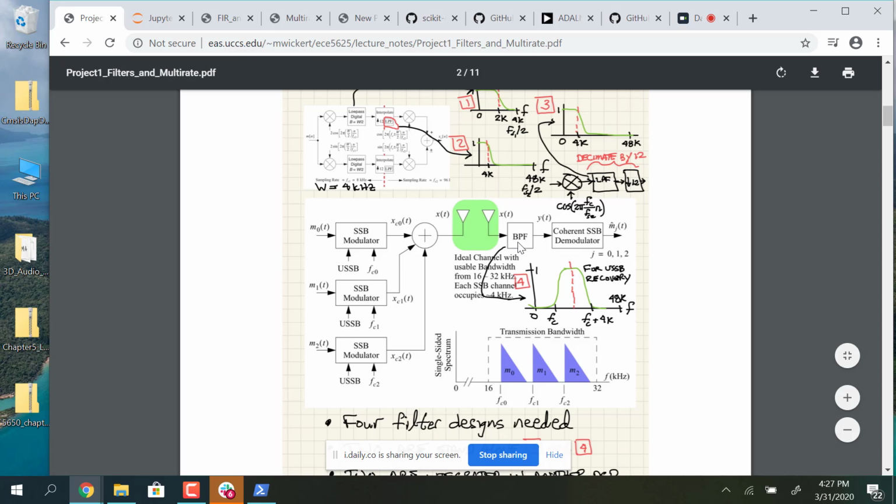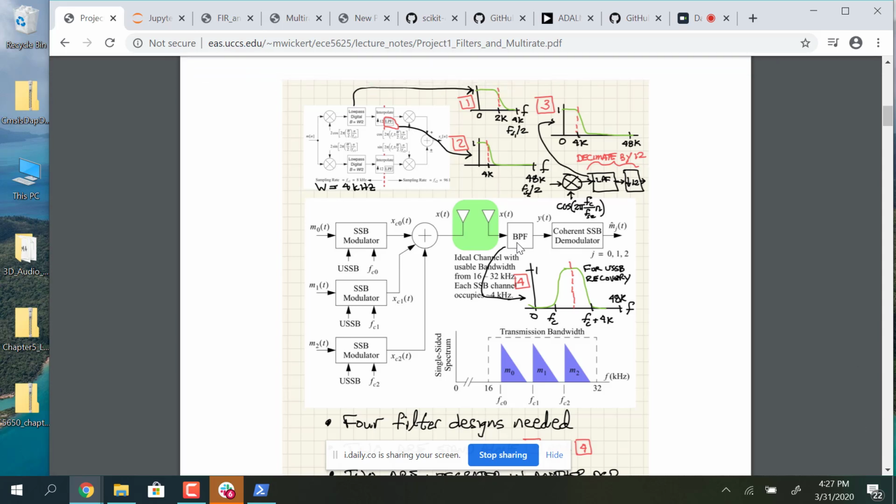And then filter 4 is a bandpass filter to protect your coherent demodulator from seeing one of the adjacent channels. That filter is centered halfway between the carrier frequency that you want to receive and 4K above that. So this green filter would sit over message M1, or if you're selecting to receive message M2, it has to sit here, or if you want to receive message M0, it has to sit over here. So this is actually a tunable filter.